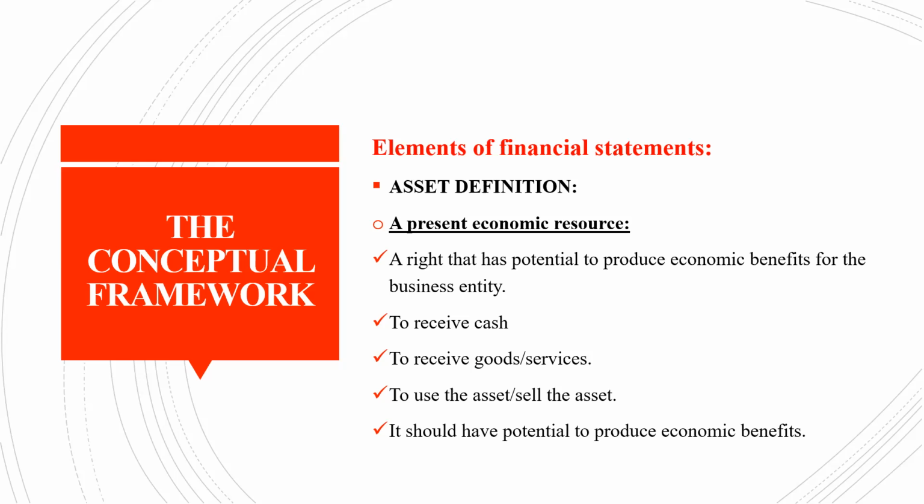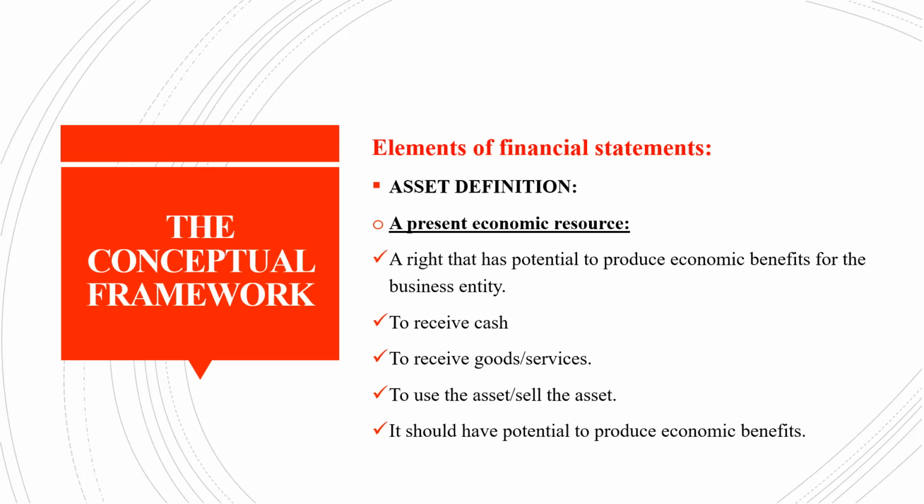So think about it this way. With a property, plant and equipment asset, you've got the right either to use such assets in running your day-to-day operations. Think about your land and buildings. You need the land, you need the building to have a structure in place where you are carrying out your operations.